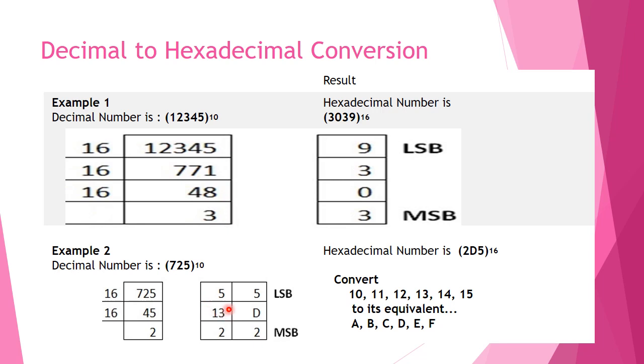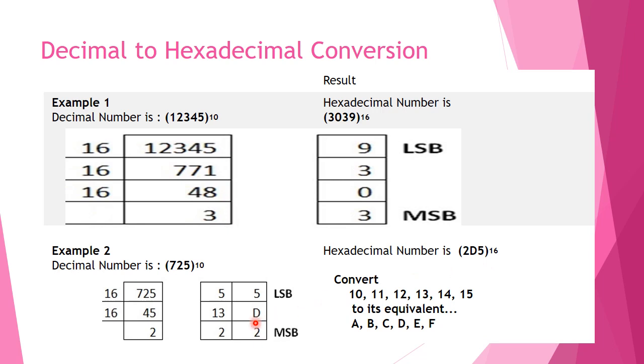When you get a number more than 9, I already told you that the value of A is 10, B is 11, C is 12, D is 13, E is 14, F is 15. So here you got 13, and 13 is converted into D. So now you will write this as 5D2.